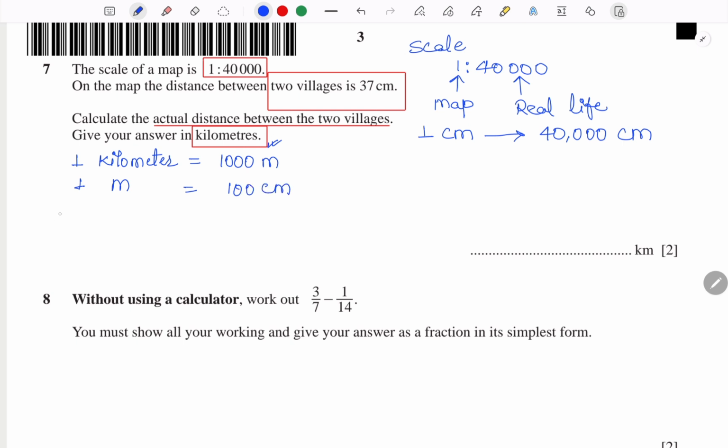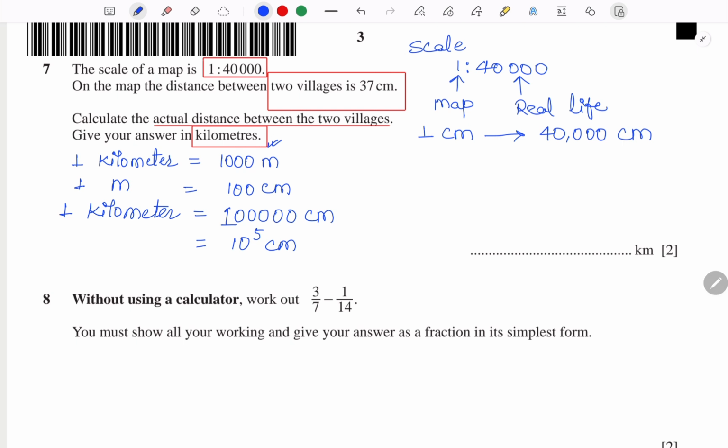That means that 1 kilometer, if you multiply these two numbers, will be equal to 1 followed by 5 zeros centimeters. Or you can write this as 10 to the power 5 centimeters in standard notation.